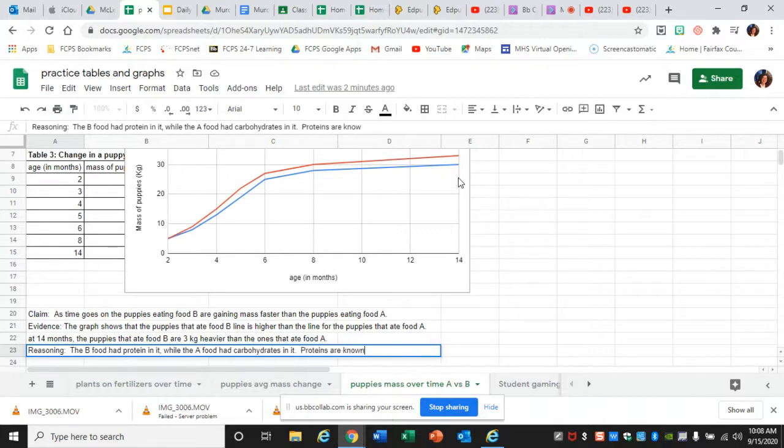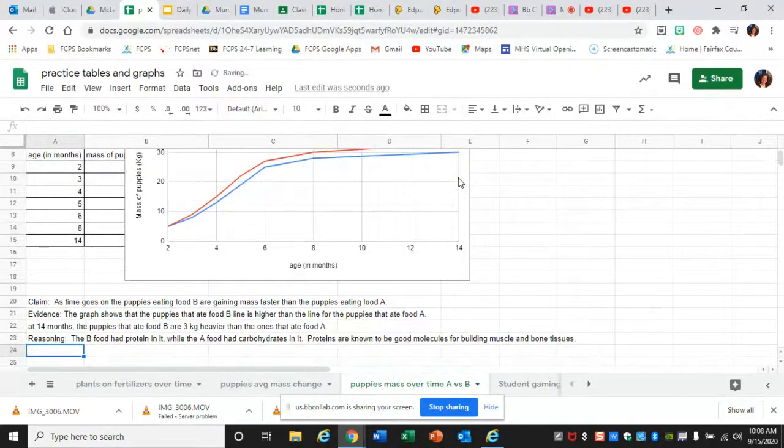Proteins are known to be good molecules for building muscle and bone tissues.